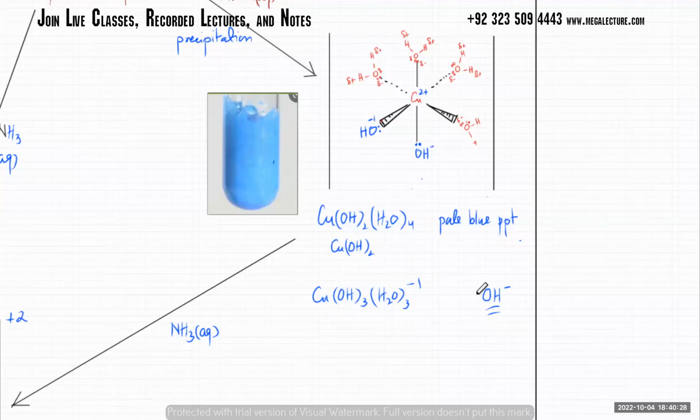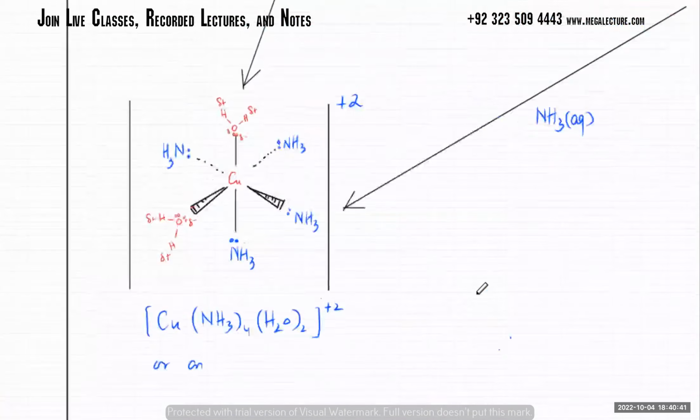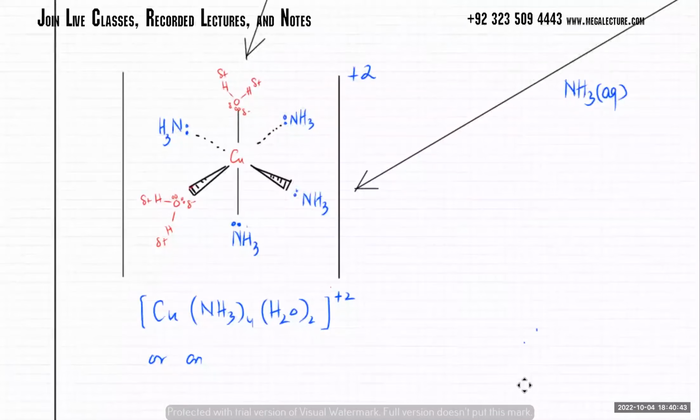Is that clear? So the issue there was that you can't add too many OH ions because then a lot of repulsion would start happening. Here there's no element of repulsion because ammonia is neutral. However many come in, the ammonia molecule is not going to be repelled at any point. Is that clear?